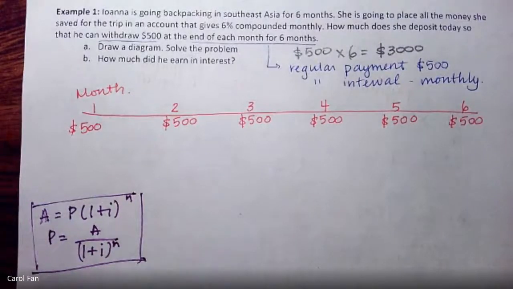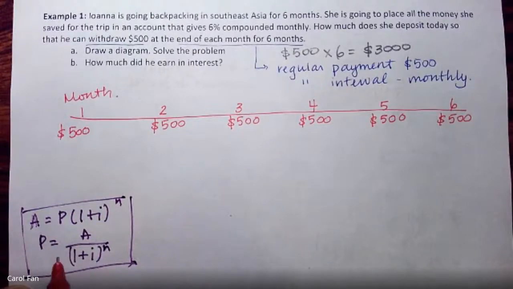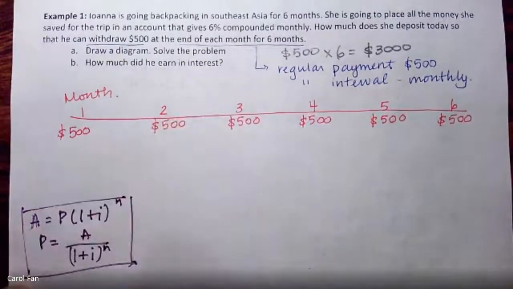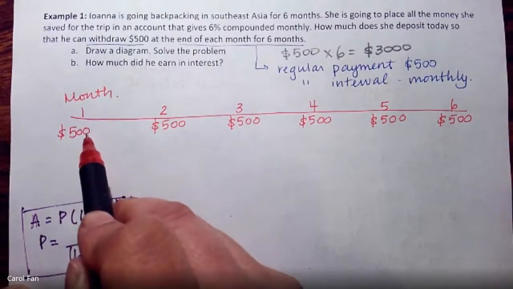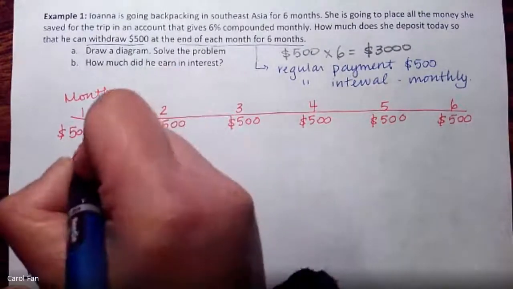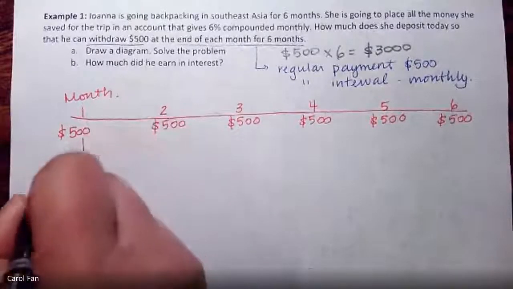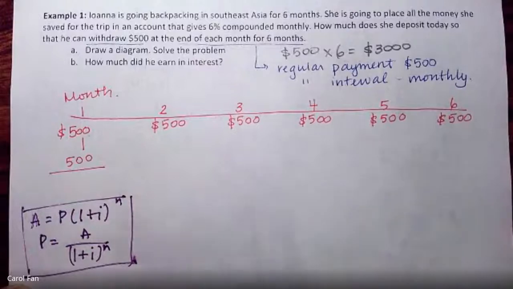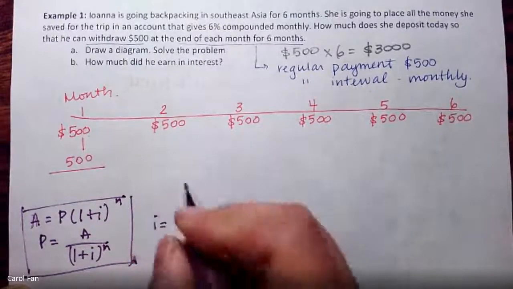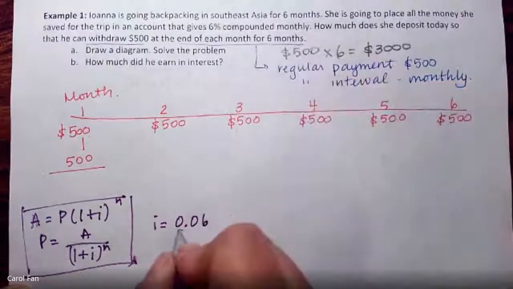So this is kind of similar to finding the individual principal. So at the end of the first month, I need to withdraw $500, but whatever the initial sum is had earned enough interest for it to reach $500. So let's rewrite it as a present value, 500 divided by, and we need to find our i for this case. i is 0.06 compounded monthly.